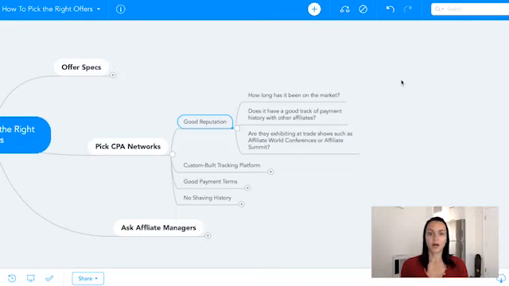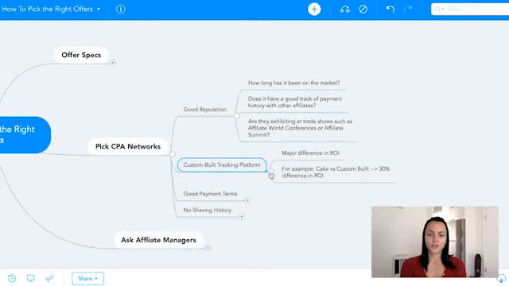All right, one thing I want you to understand is that tracking takes a major part in your campaign's success and the ROI that you're going to be making.